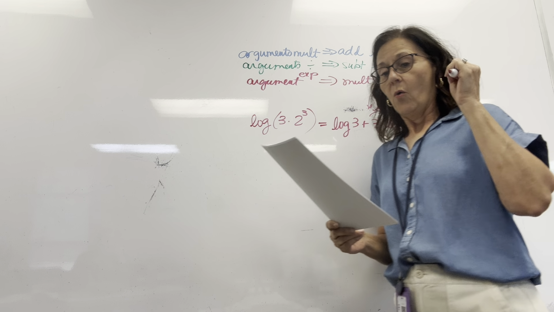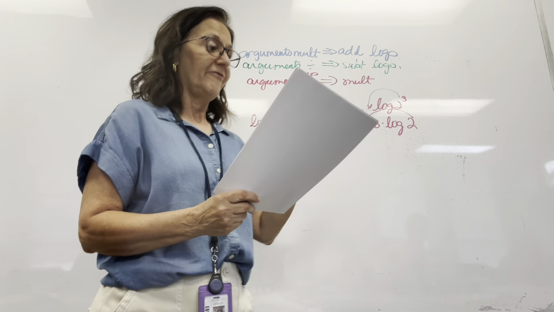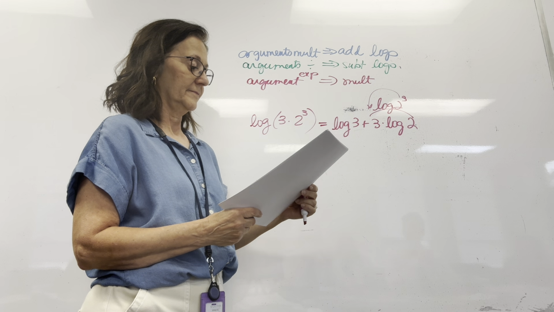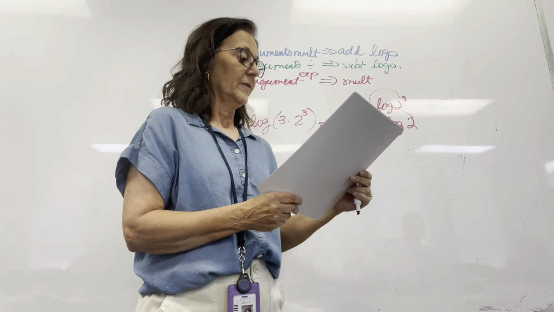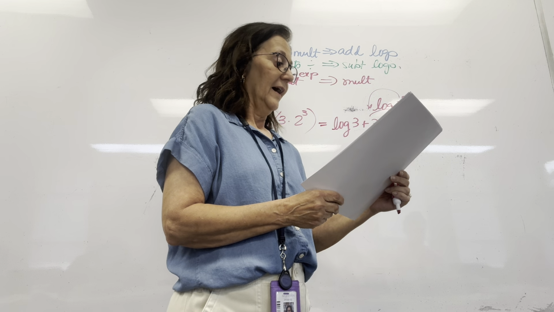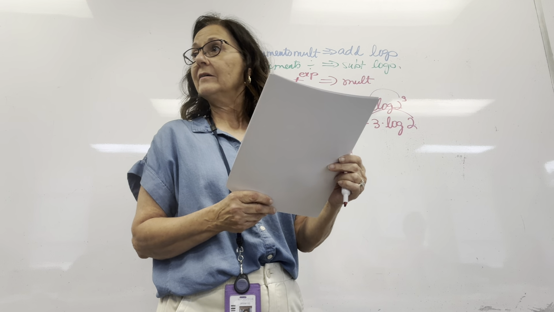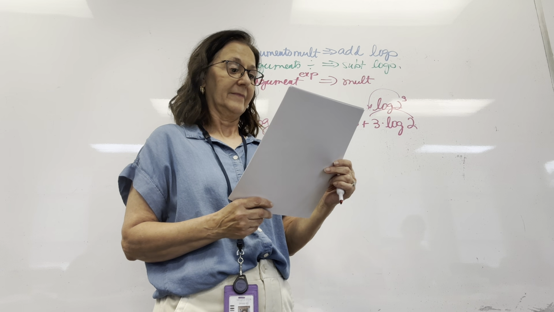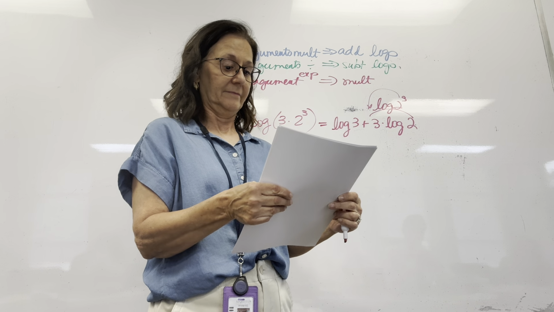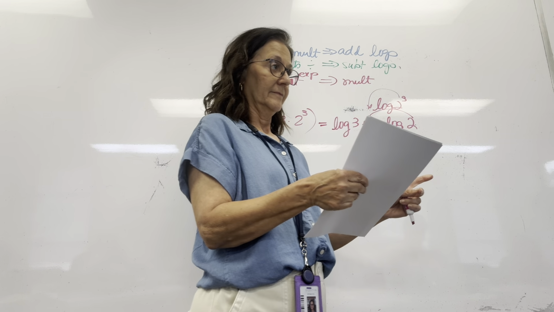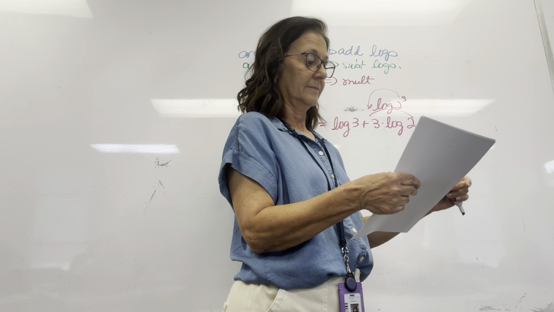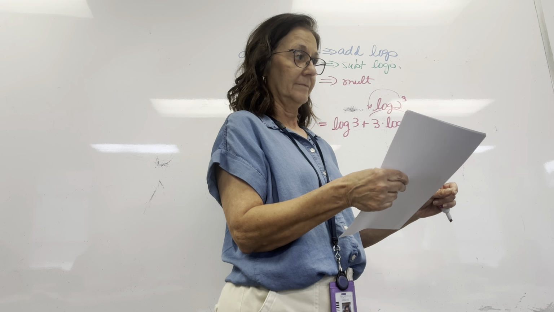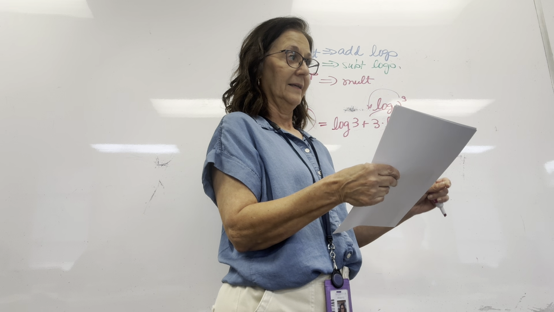Okay, so what is 5, Mary Frances? 4 log 2 minus log 5. Correct. 4 times log 2 minus the log of 5. Got it? Hannah, what's number 6? 6 log of 6 minus 6 log of 5.